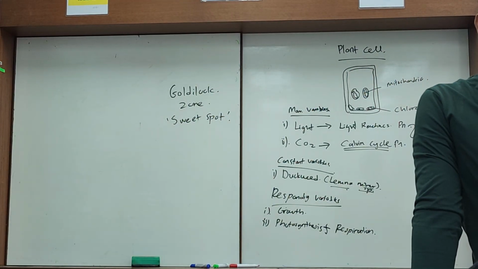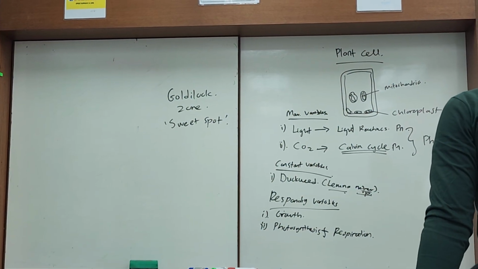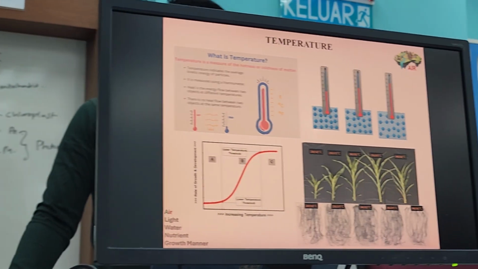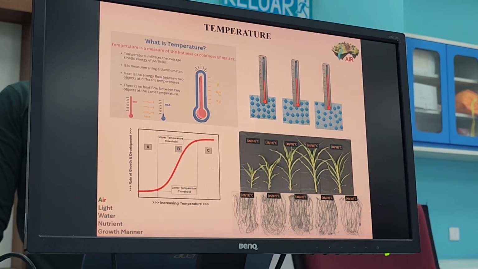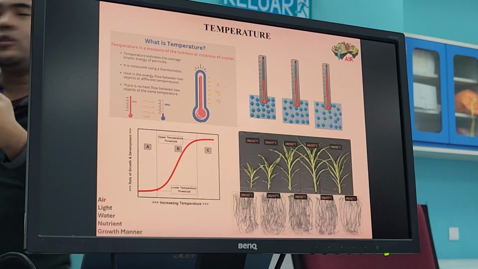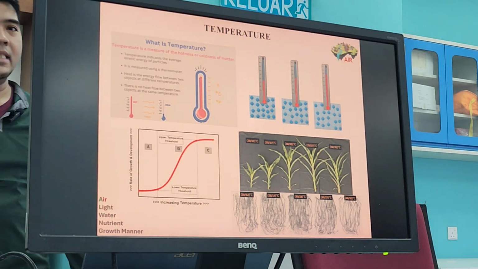Our Earth is actually in the Goldilocks zone in the universe. If it's too hot, like Venus and Mercury, pretty much nothing can happen. If it's too far, like Mars, Jupiter, and Saturn, it's too cold, nothing much going on as well. So our planet too is in the Goldilocks zone in the solar system.